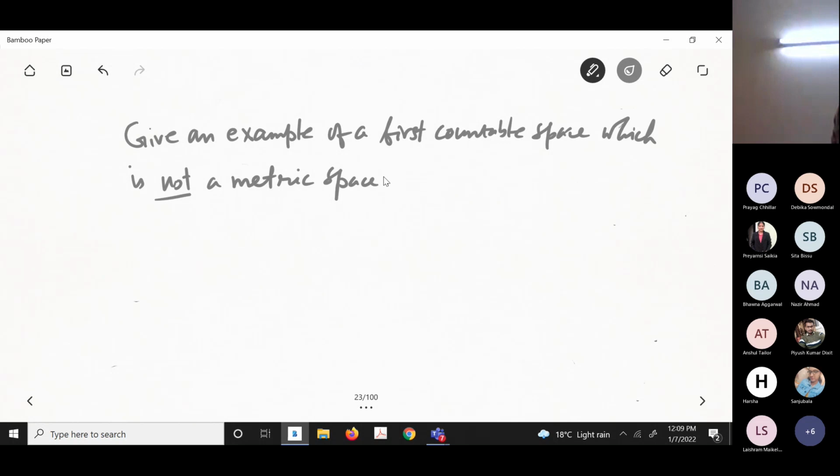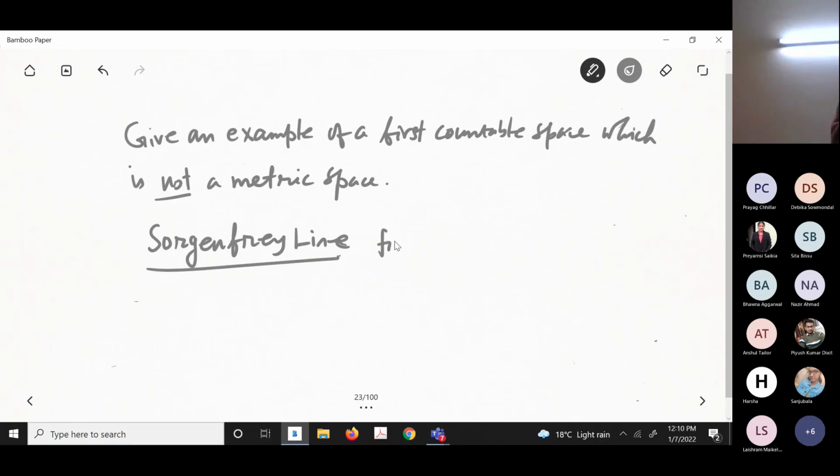I will come back and talk about this, which is known as the Sorgenfrey line. I'm just giving you the information. This is first countable, but not metrizable. This is on the real line, but not the usual topology.